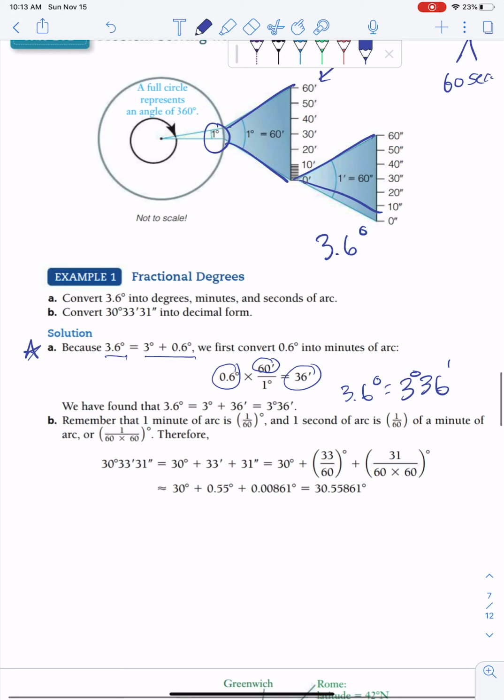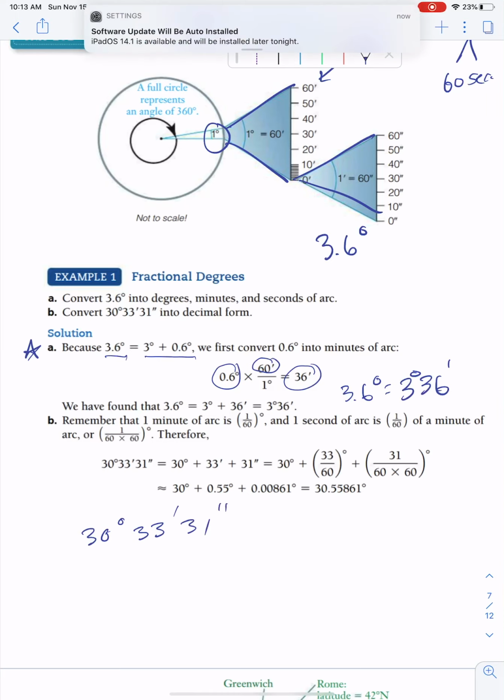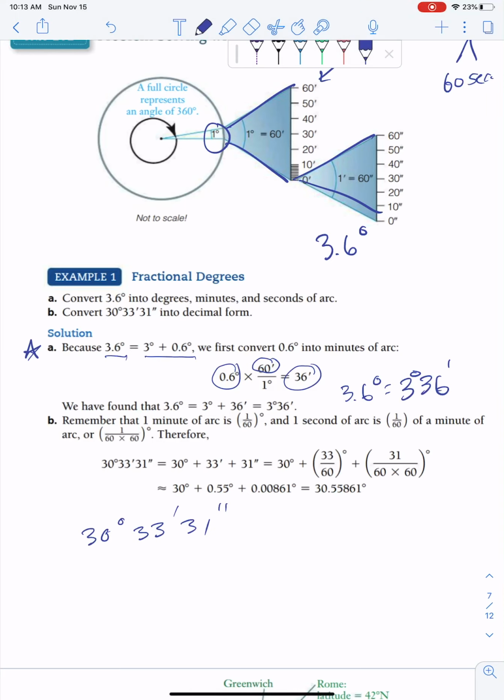Now, going backwards, if I wanted to go from 30 degrees, 33 minutes, and 31 seconds, what I'm going to do is take my 30 degrees and add 33 minutes. But to get that 33 minutes, I need to convert that into degrees.